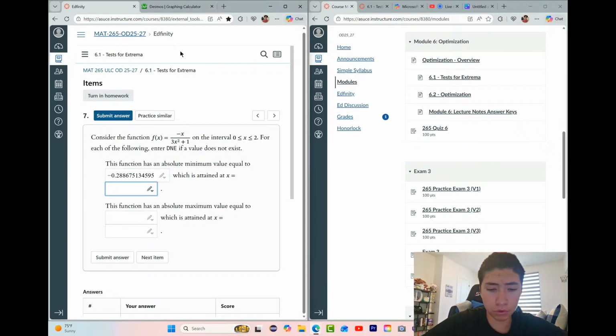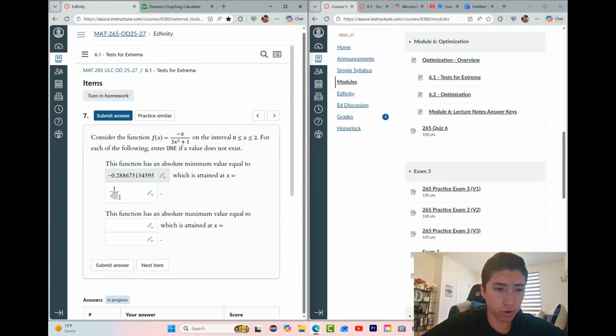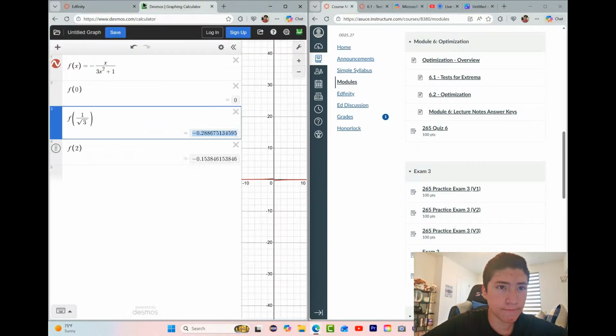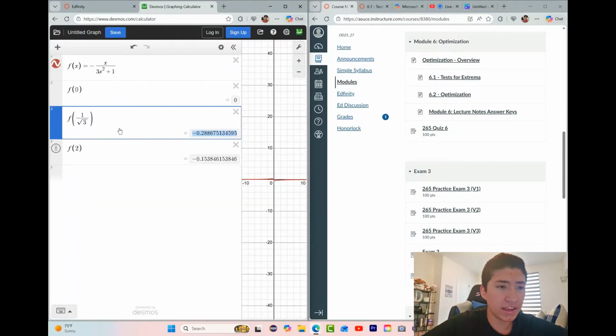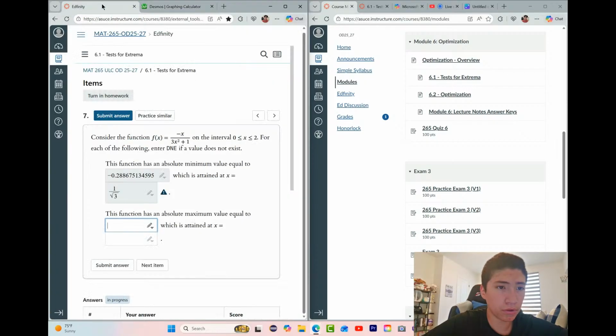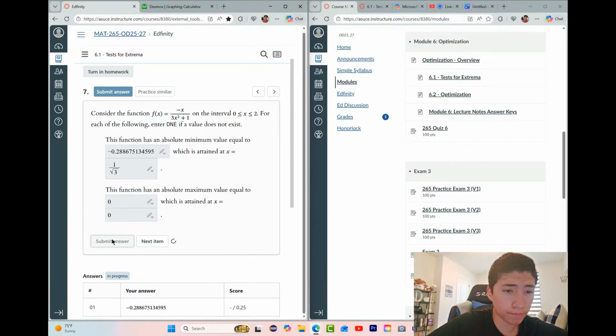At x equals 1 over square root of 3. And then the maximum value is 0. And that's attained at x equals 0. Cool.